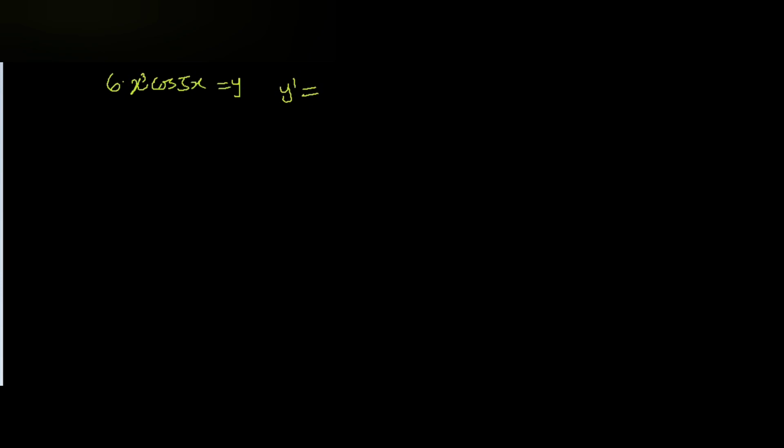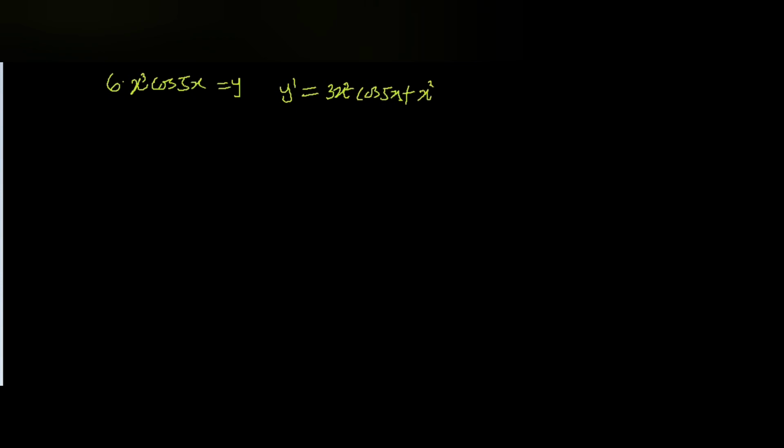So if we differentiate x raised to the power of 3, we are going to have 3x raised to the power of 2 cos 5x, then plus, if we differentiate cos 5x, we are going to have x raised to the power of 3 multiplying minus 5 sine 5x. So this is what we have.